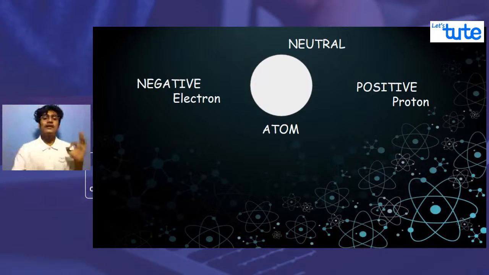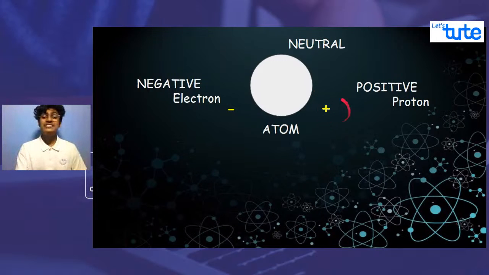Electrons are negative, protons are positive. They have different charges which are equal in magnitude but opposite in sign. Magnitude is nothing but the unit which they have. So these charges are equal in magnitude but opposite in charge.